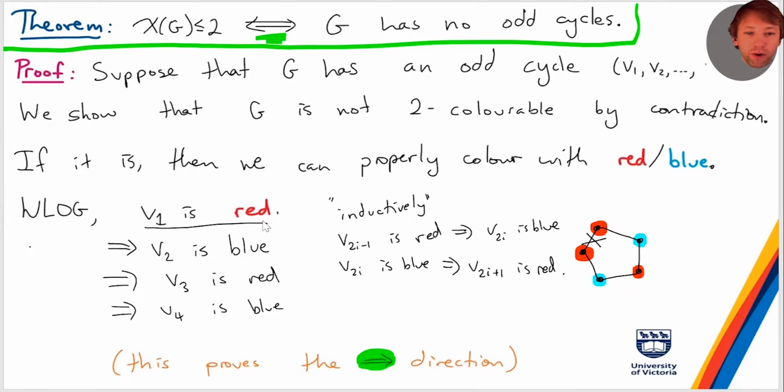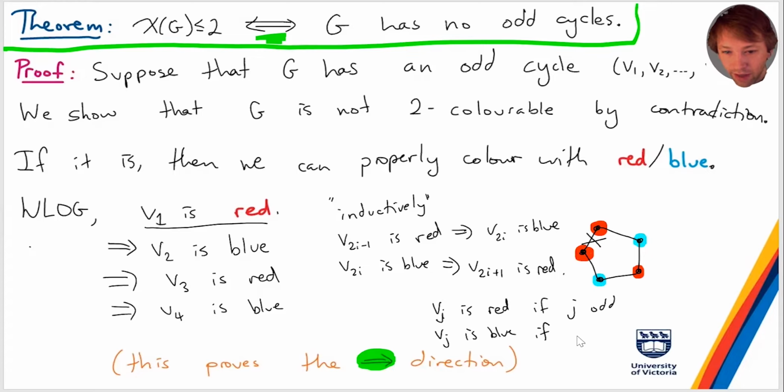What happens here, as you can see, is that all of the vertices with odd index are red and all the even ones are blue. So Vj is red if j is odd, and Vj is blue if j is even, right?